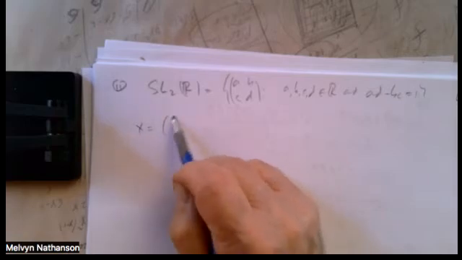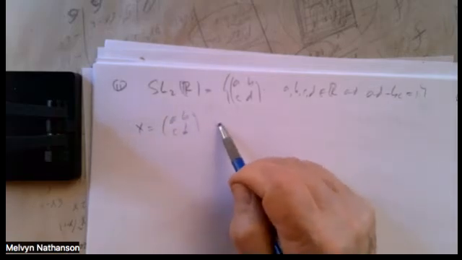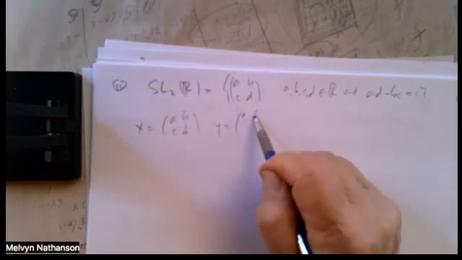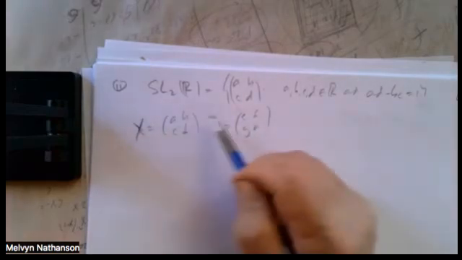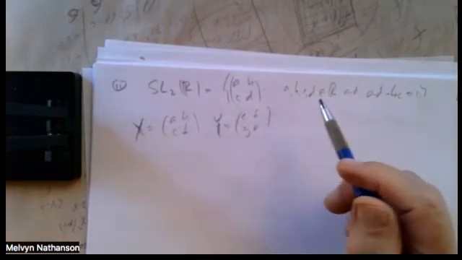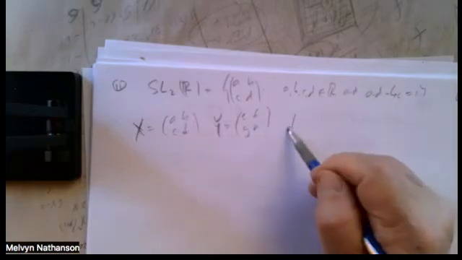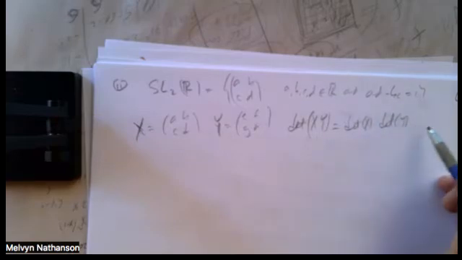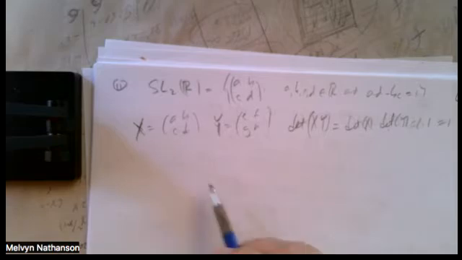So if I take, let's say, X equals (A, B, C, D) and Y equals (E, F, G, H), and I multiply them, the determinant of X times Y, by what I just calculated, is the determinant of X times the determinant of Y. And each of these is 1, and 1 times 1 is 1.